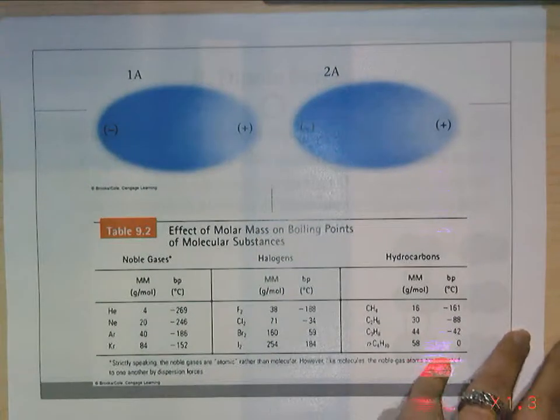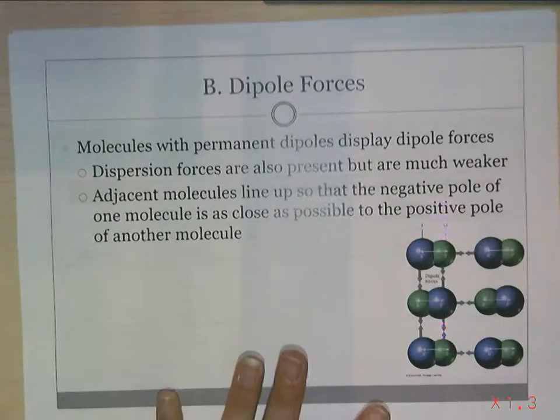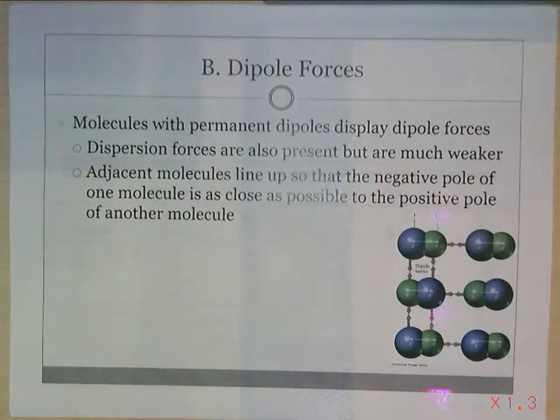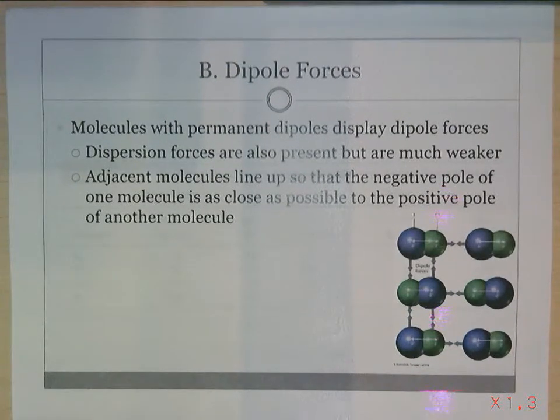Good. Alright. Let's talk about dipole forces. So, dipole forces is another intermolecular force. However, in this case, the molecules participating in it must have a permanent dipole moment. So they are not ionic, but they have to have a permanent dipole moment.